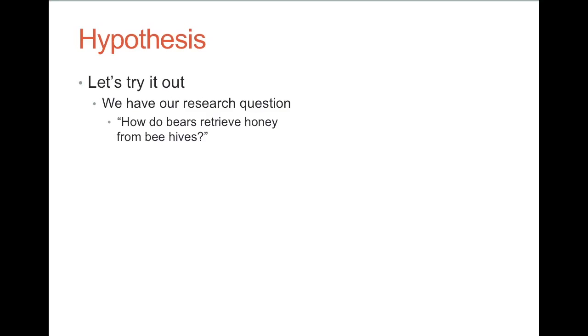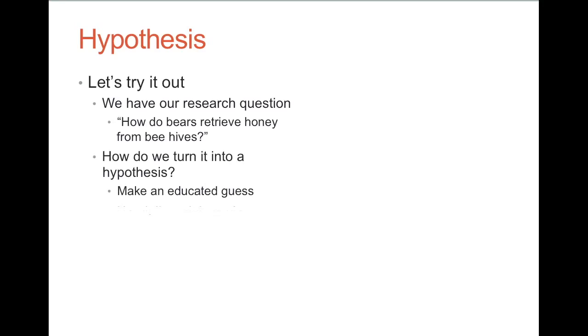We have our research question. How do bears retrieve honey from beehives? Well, we're going to turn that into a hypothesis by making an educated guess. We're going to try using some if-then statements, and then we're going to see about testability.